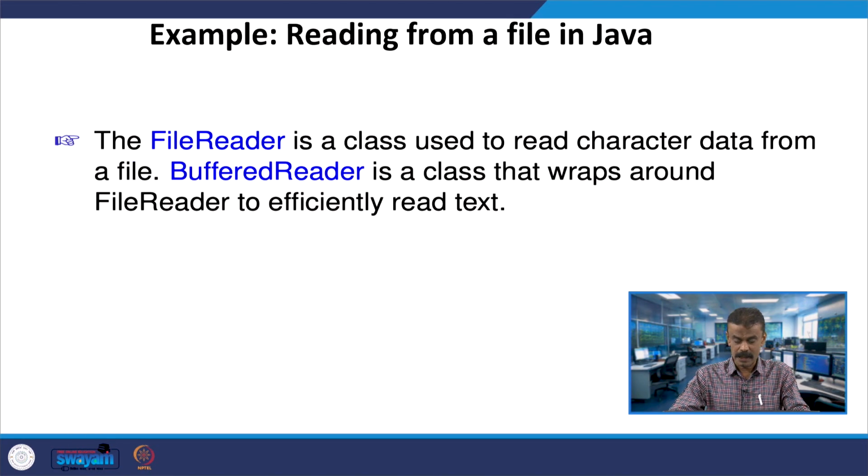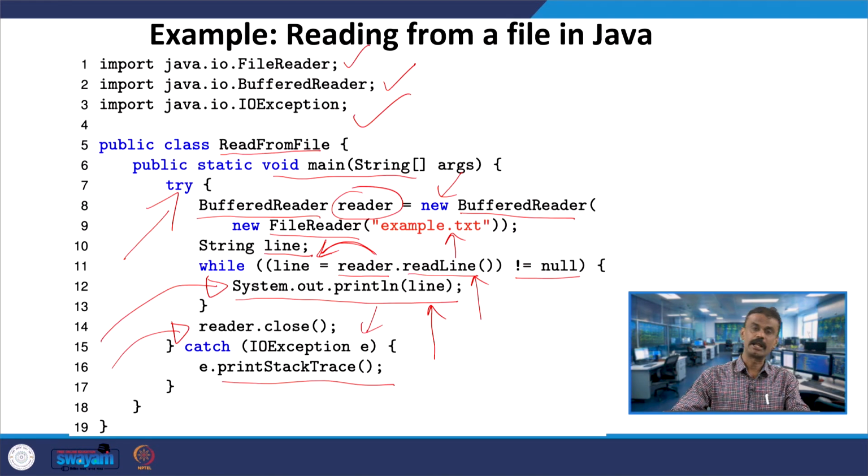So, what is happening when you are creating the object reader under BufferedReader? You are creating new dynamic memory where you have the constructor BufferedReader. Under this you have another constructor, FileReader, because FileReader is a class, which is handling example.txt.